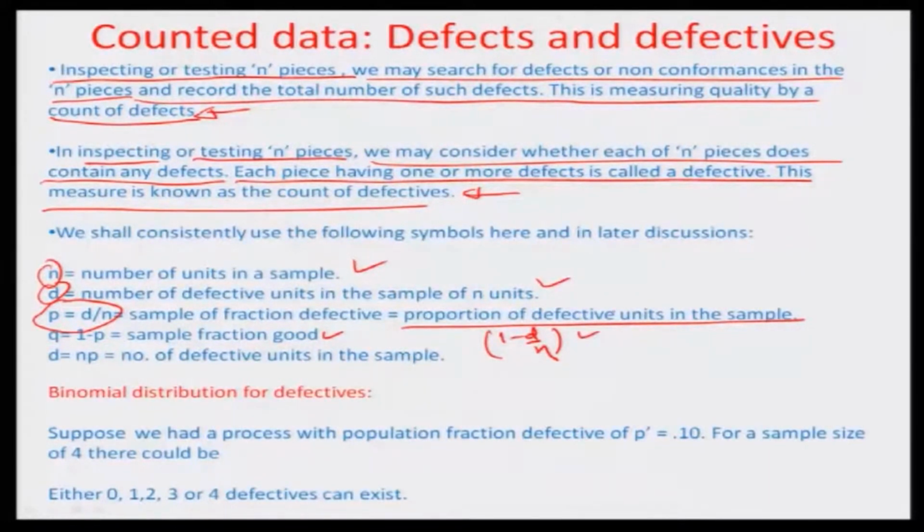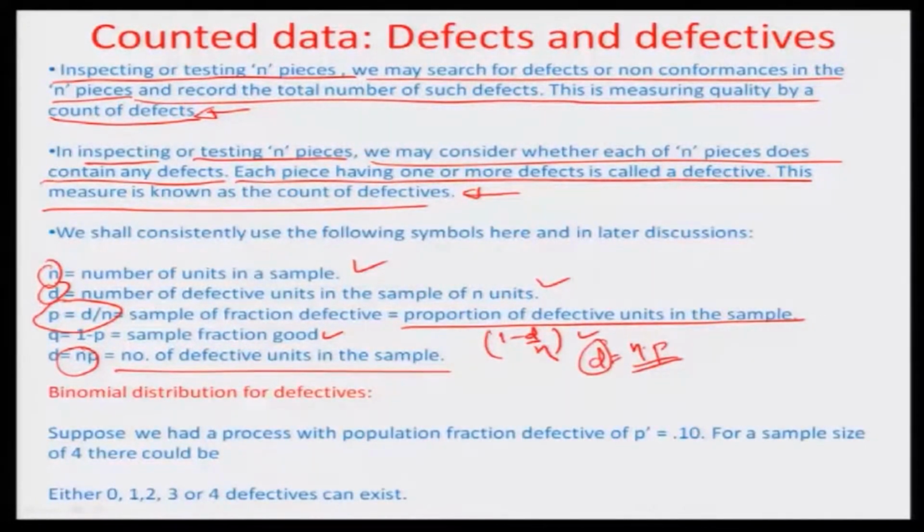That is the fraction of good pieces, 1 minus p, and the number of defective units in a sample can be represented as n times this fraction, so d = np.